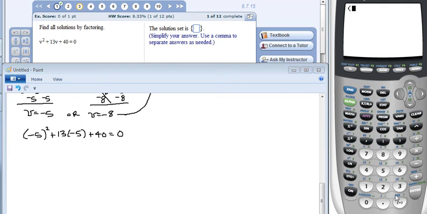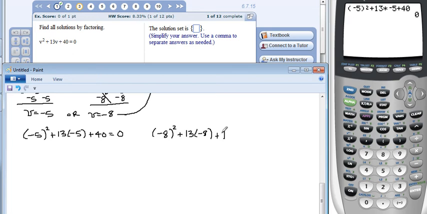Now I can just use my calculator here to plug it all in, just for time's sake. Yep, it works. We're going to do it again with negative 8. Negative 8 squared plus 13 times negative 8 plus 40 should equal 0 as well.